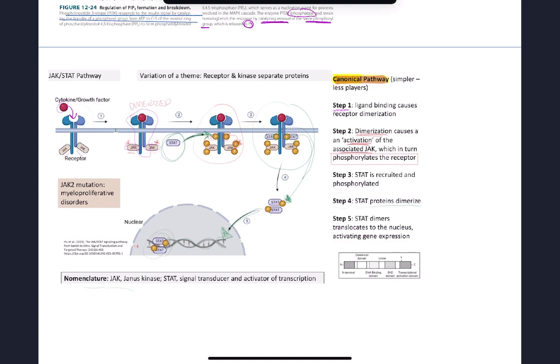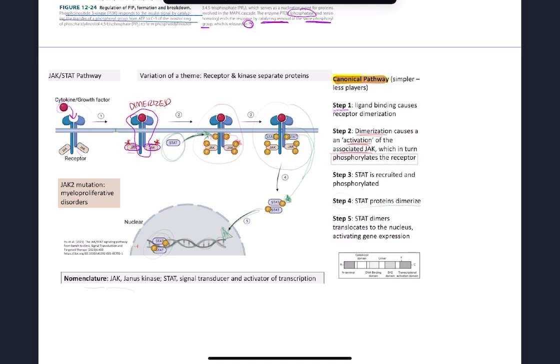So we're going to see these receptors dimerize. They come nice and close together. We see these JAKs over here. That dimerization causes an activation of the associated JAK. So now these have been activated because this has been dimerized.